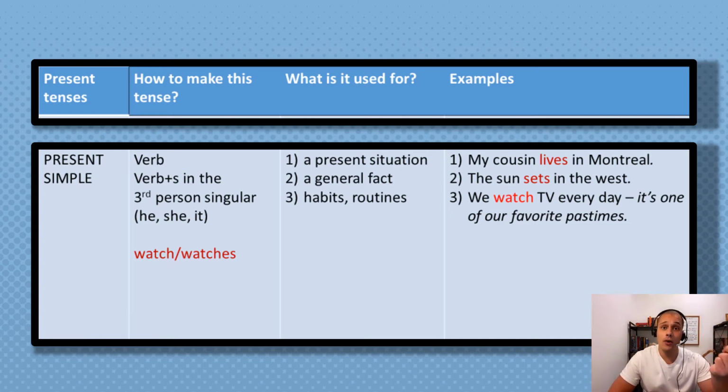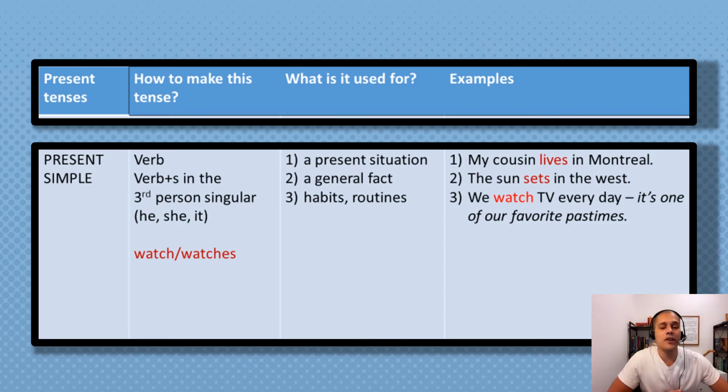So, of course, we cannot forget about the verbs ending in O. For example, go, do, all right? For these verbs, we're going to include not only S, but ES. Here we have an example. Watch, watches. And we also have the case of IES. For example, I study, she studies, right?